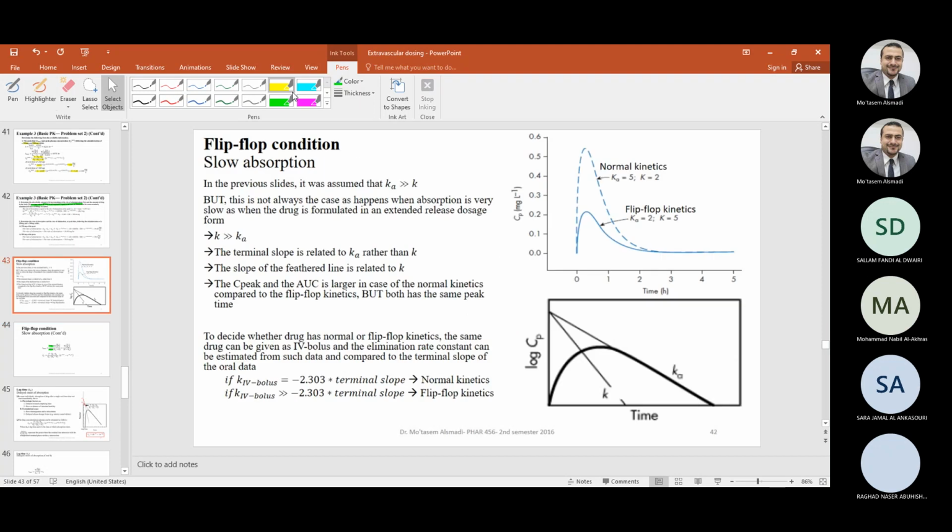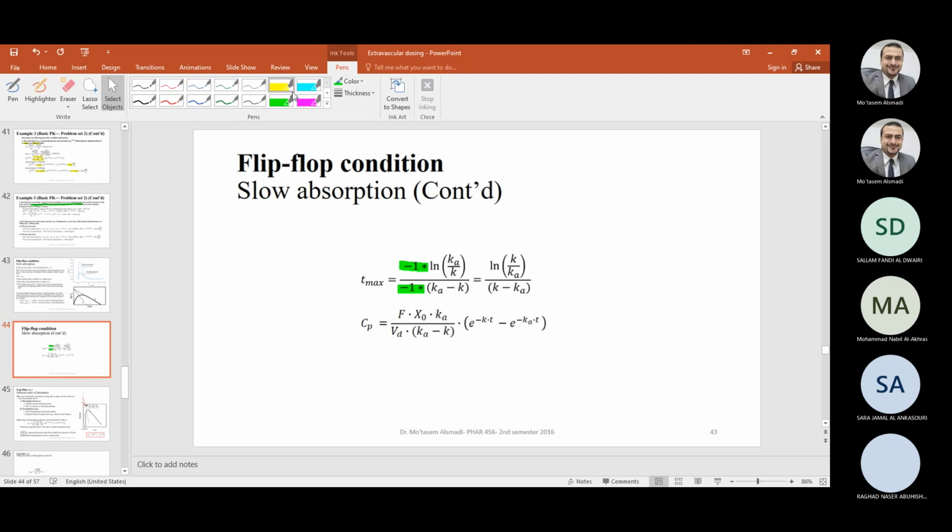Which in our case applies to this example, because we have exactly the opposite values of K and Ka. It doesn't make a difference whether the Ka is equal to 5 and K equal to 2 or the opposite. In both cases, you will get the same value of Tmax as it's shown here. We have the same Tmax, and we have shown this mathematically.